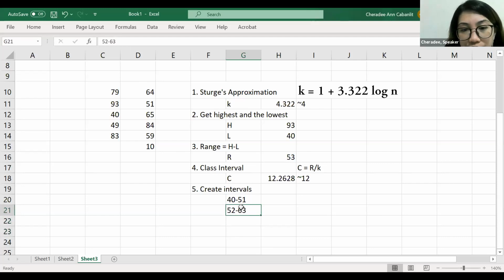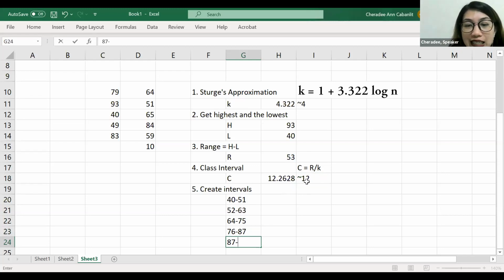Then 64 plus 12 is 75, and 76 plus 12 is 87. Yes, that works, so we use 12.